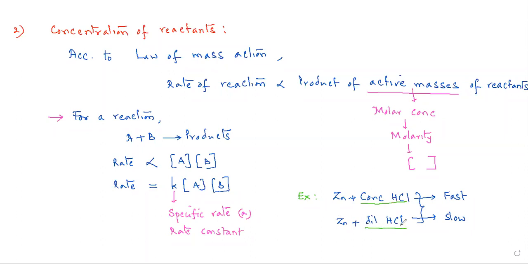Whereas dilute HCl will have fewer molecules per unit volume, so the number of collisions will be less. But overall, as the concentration of the reactant increases, the rate of reaction increases.